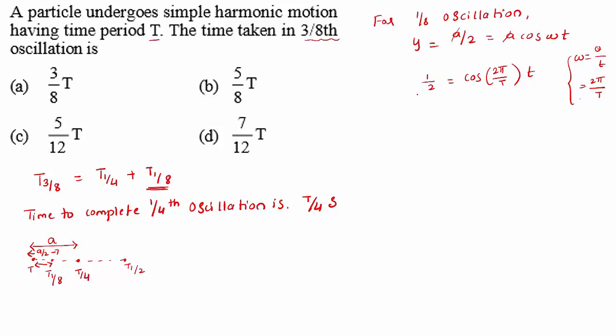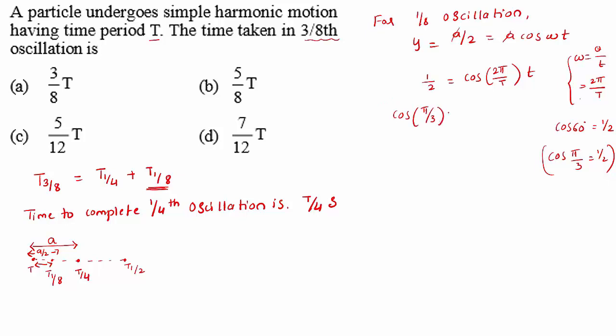So we know the value of cos 60. What is the value of cos 60? Cos 60 is 1 by 2, or we can write cos of pi by 3, that gives 1 by 2. So in place of 1 by 2, I am going to write cos of pi by 3.